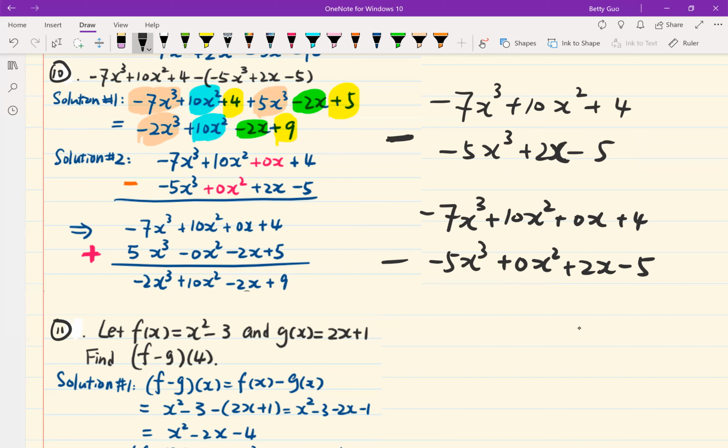And now let's convert to addition. Copy the first polynomial, change the subtraction to addition.